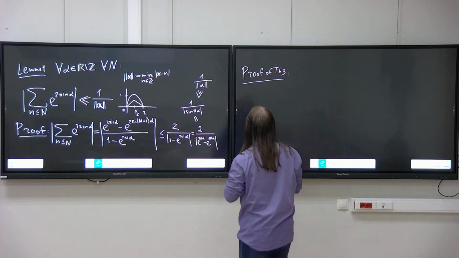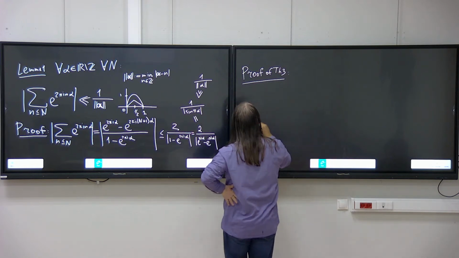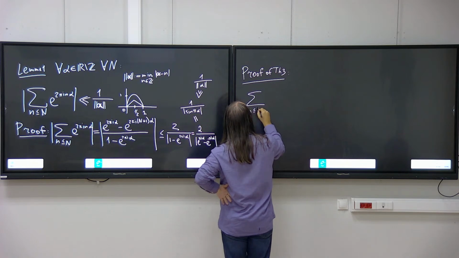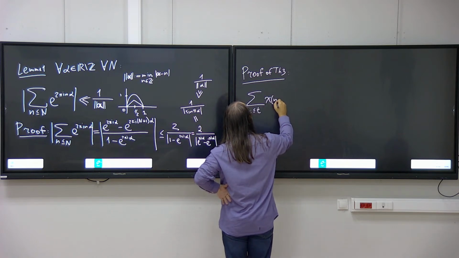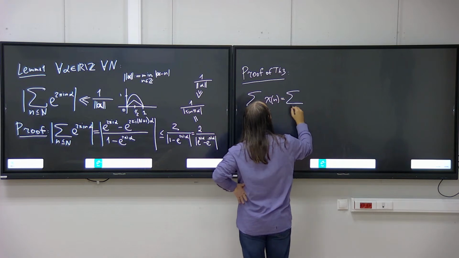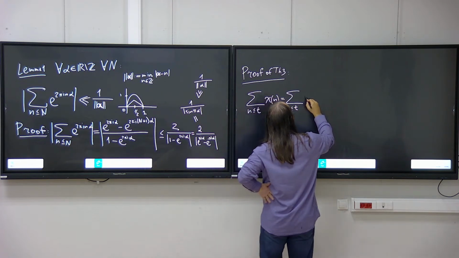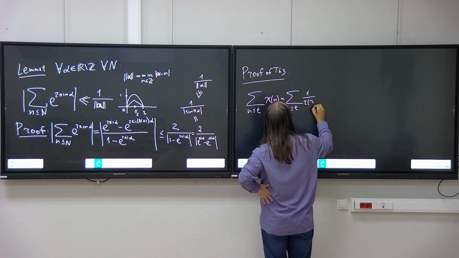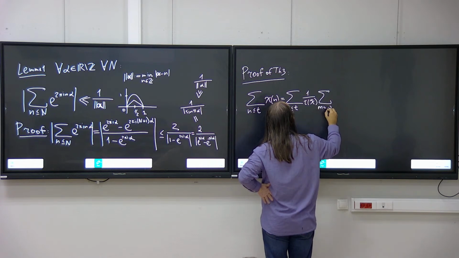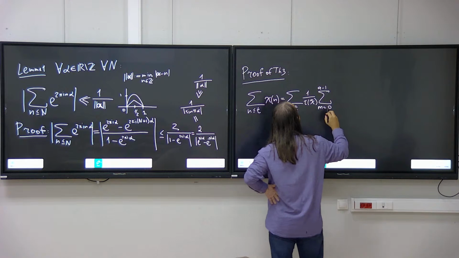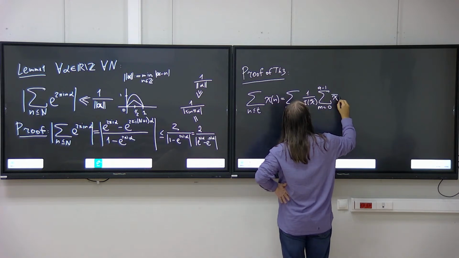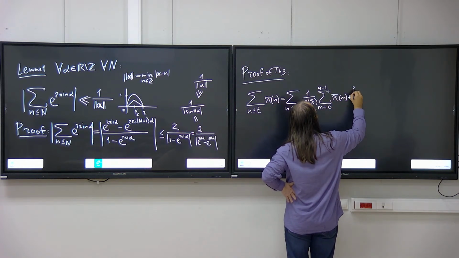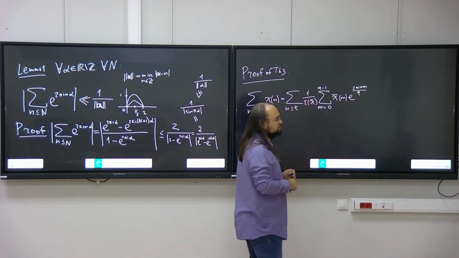Okay, so let us prove the Polya-Vinogradov bound. Well, the sum over all n less than or equal to t of chi of n is equal to the sum over all n less than or equal to t of 1 over tau of chi bar, times the sum over all m from 0 to q minus 1 of chi bar of m, e to the power 2 pi i n m over q, right?